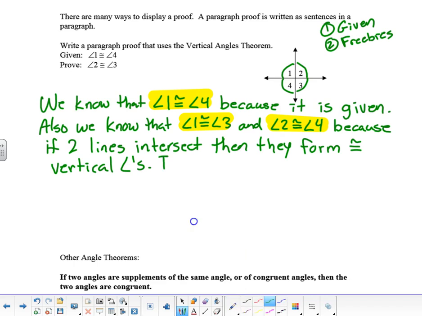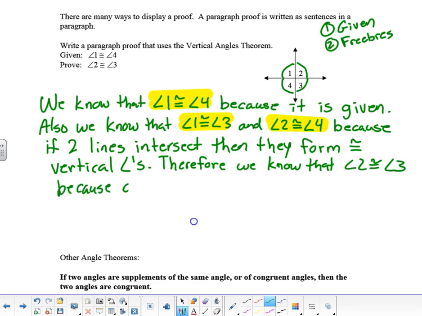So you could say, therefore, we know that angle 2 is congruent to angle 3 because of the substitution property.